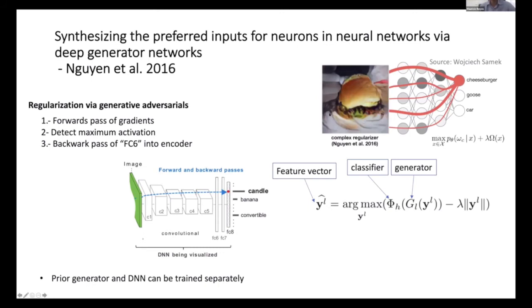And this is done by actually going in both directions of a deep learning architecture. So typically, your image starts here. We do our convolutions, all our processes, pooling, and then we end up with a class that's maximized. Let's say this image includes a candle, so that the candle class is maximized. Now, I'm going to reverse that process, and I'm going to find an image that maximizes the candle by going backwards.